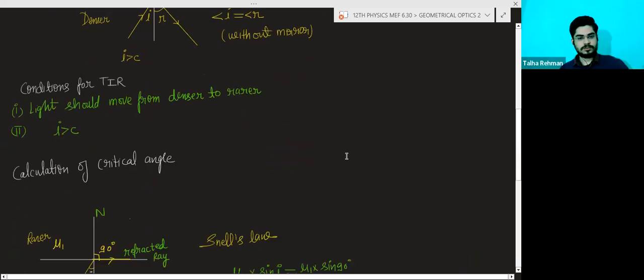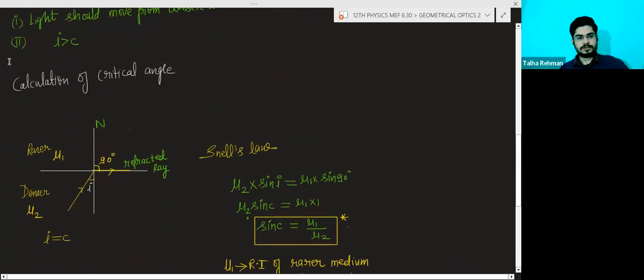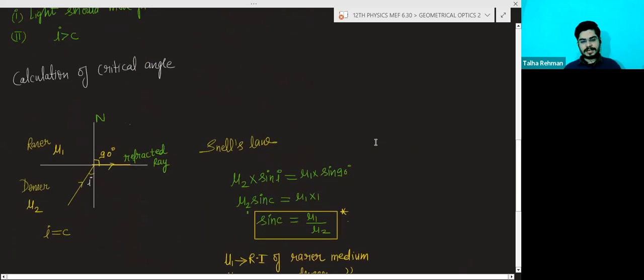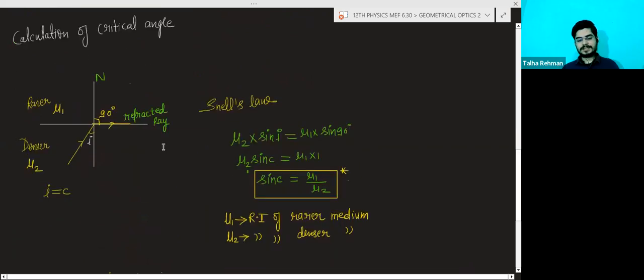Okay, so now calculating a critical angle is not a big deal. You will just apply Snell's law, but the condition is you should know how to apply Snell's law. Again and again, I have told you how to apply Snell's law.